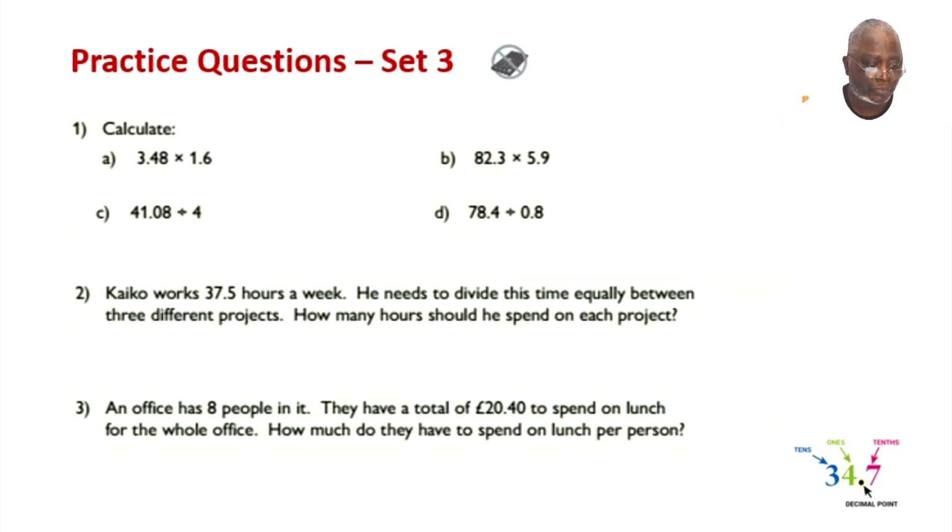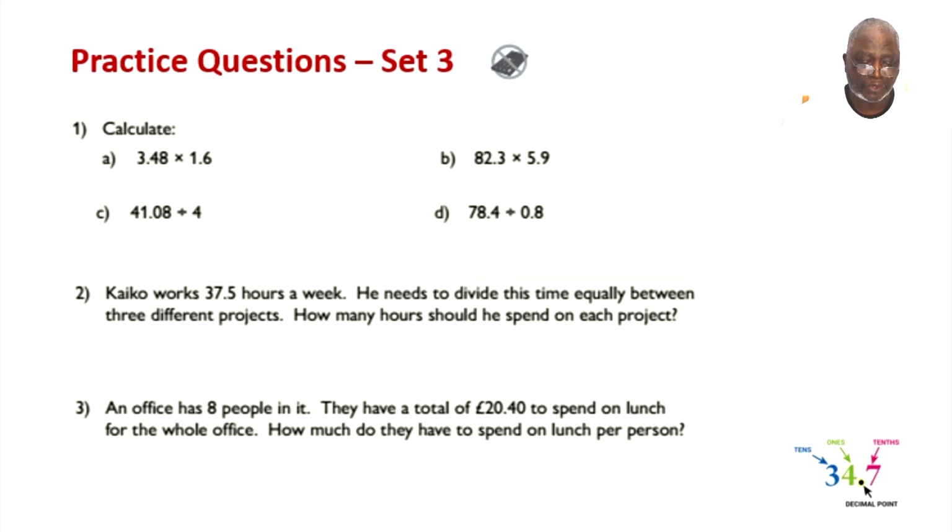Question 2. Kaiko works 37.5 hours a week. He needs to divide this time equally between 3 different projects. How many hours should he spend on each project? Question 3. An office has 8 people in it.